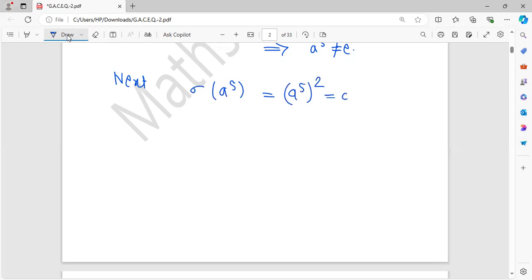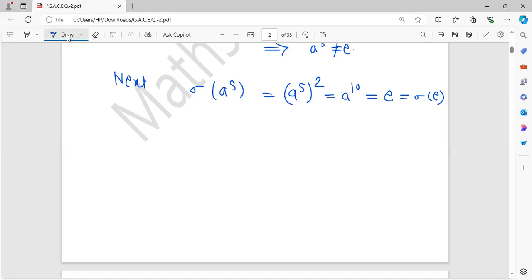That will be equal to a to the power 10, which equals the identity. And we know that identity goes to identity under a homomorphism. So identity goes to identity. You can check also that it is actually the image of sigma of e.